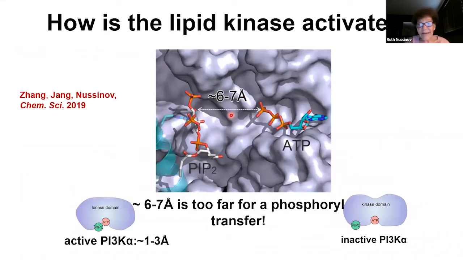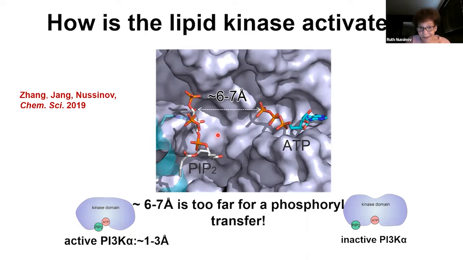So we asked, how is this PI3K lipid kinase activated? We took the crystal structure, and into it we modeled the PIP2. This is the signaling lipid, which is phosphorylated by the PI3K to PIP3 by the transfer of the gamma phosphate of the ATP to the tip of the PIP2.